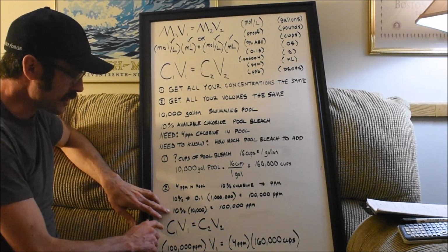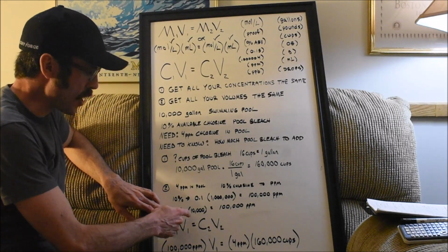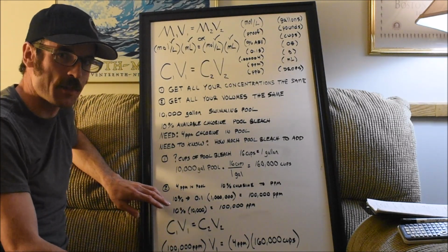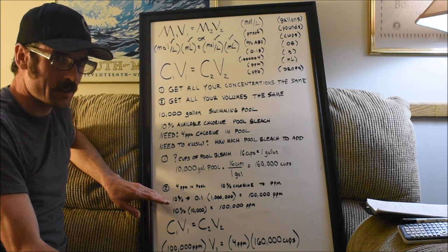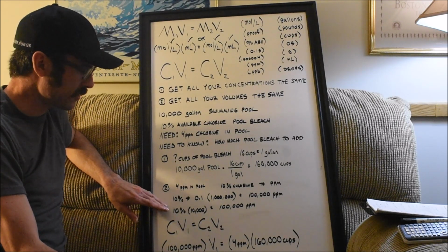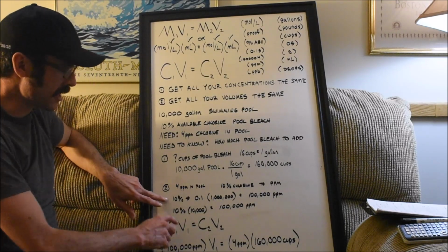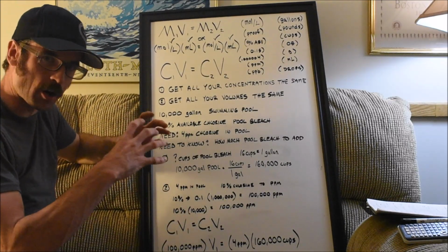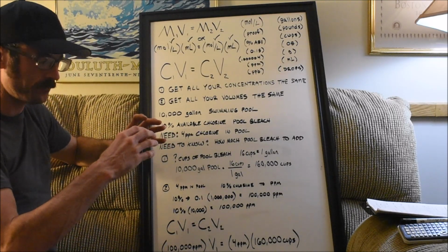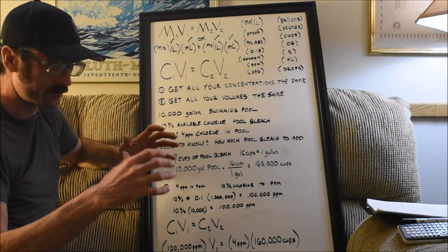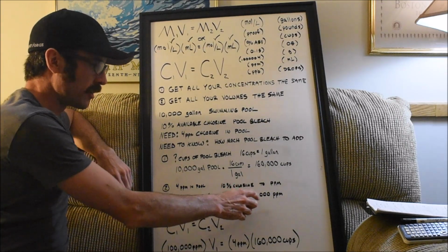Or you can take 10% and just know that you're going to multiply it by 10,000. Now, if you don't know why you would multiply it by 10,000, then take 10%, get it back to its useful number, 0.1, and then multiply that by 1,000,000. That'll give you parts per million.